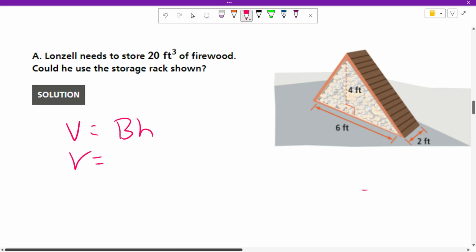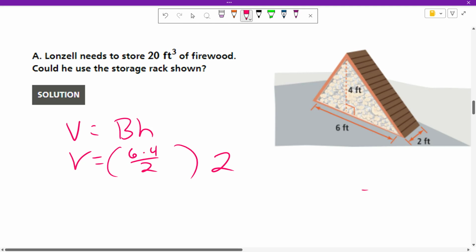So the volume equals the area of the triangle. How do you find the area of a triangle? Well, it's base times height divided by 2. 6 times 4 divided by 2, times the height. The height is what? 2. The distance between the two bases. So a base is not always on the bottom.